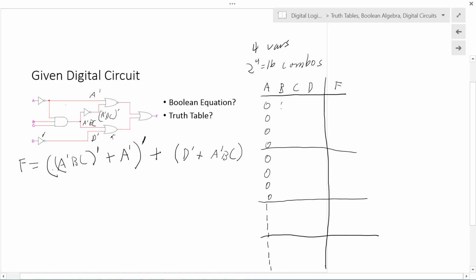So now we say 0, 0, 0, 0, 1, 1, 1, 1, 0, 0, 0, 0, 1, 1, 1, 1, alternating 2 zeros and 2 ones for C. And then for D, alternating 0, 1.